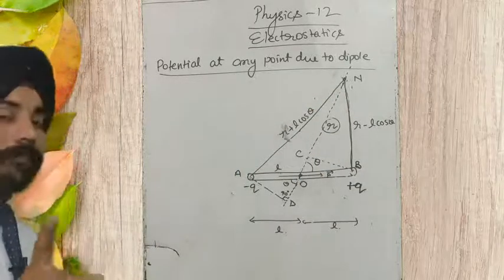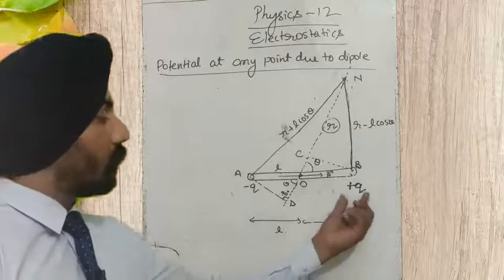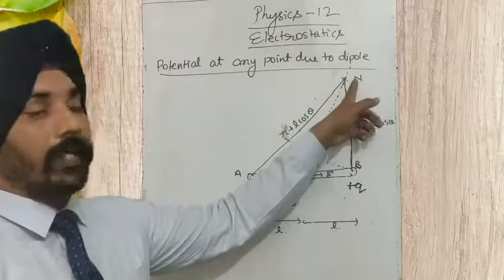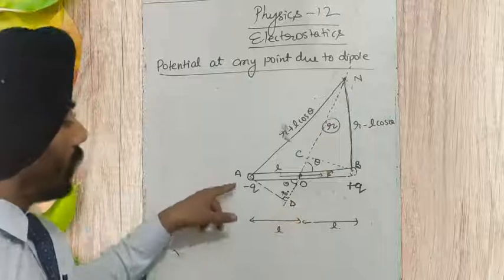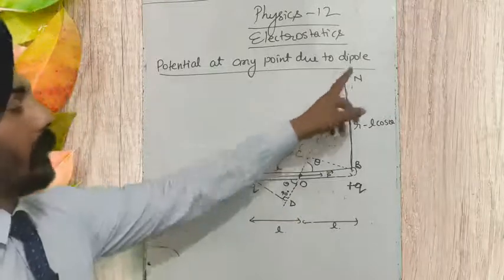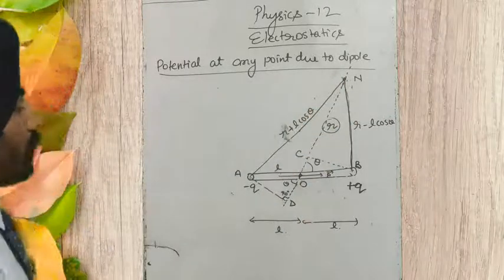And the thing you have to remember is that due to a positive charge, the potential at point N is going to be positive, and due to a negative charge, the potential at point N is going to be negative.